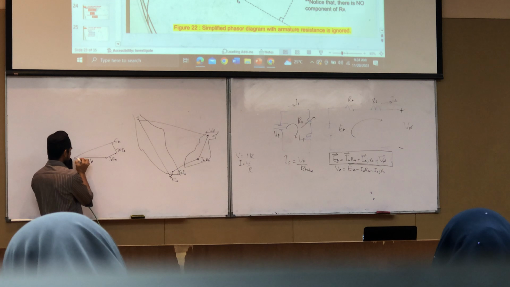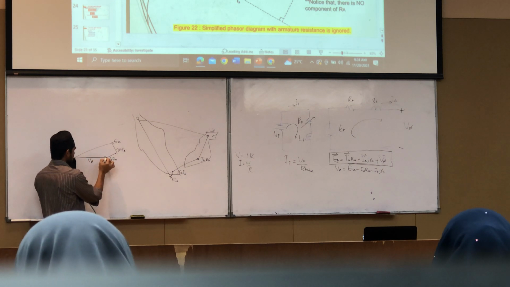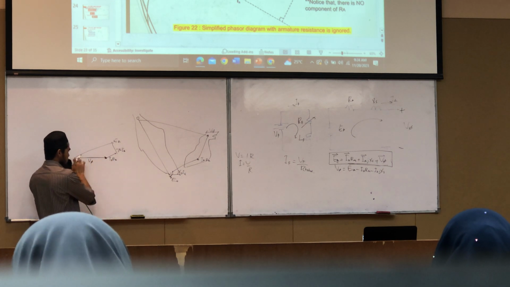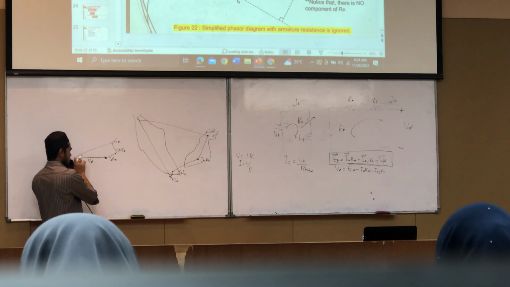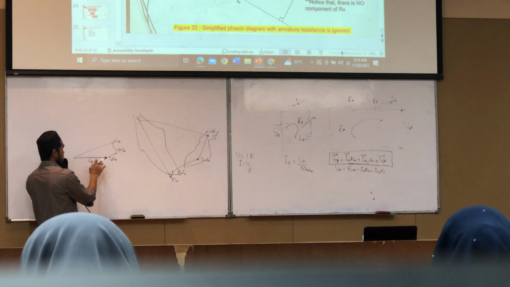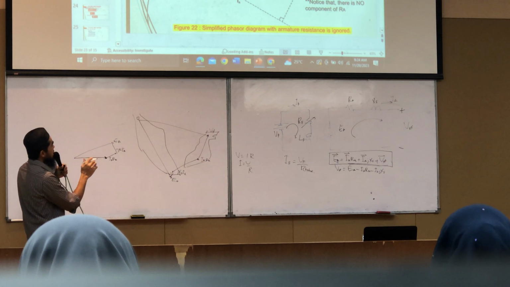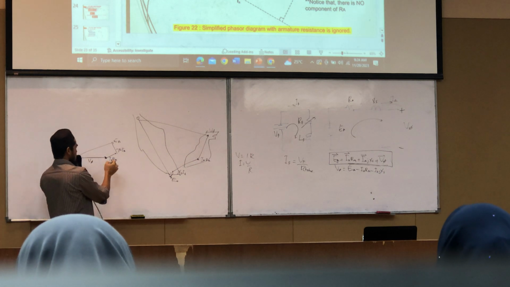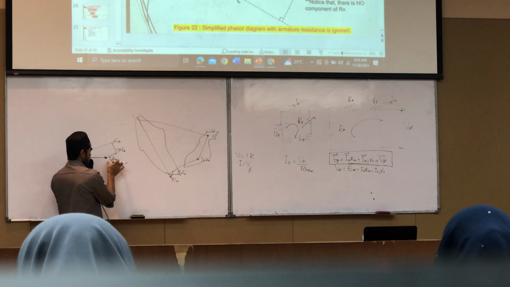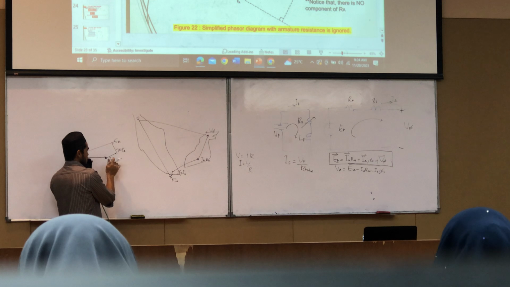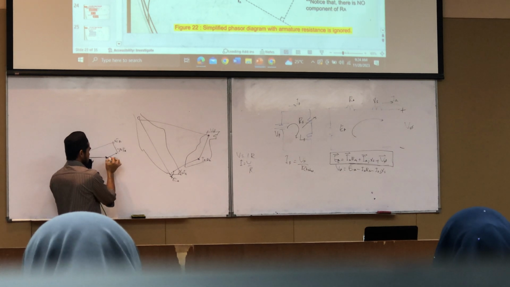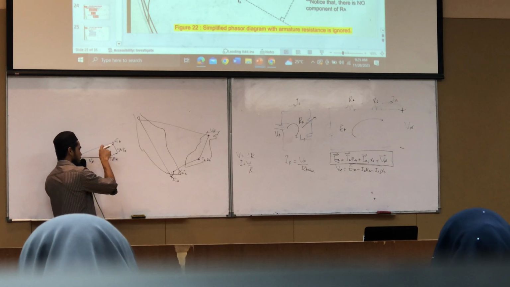So untuk phasor ni, macam saya beritahu, V phase is our reference. So V phase akan berada dekat planar ni, dekat single, dekat reference lah, kosong degree kan. Then follow by your IA plus IA times RA. So this is your angle, sama ada lagging ataupun leading.